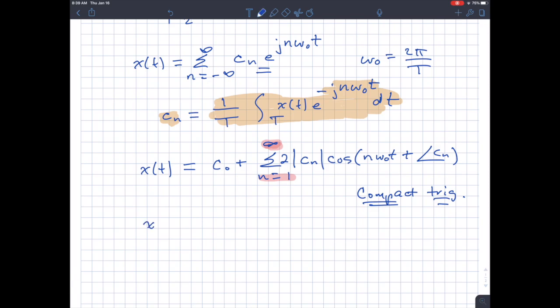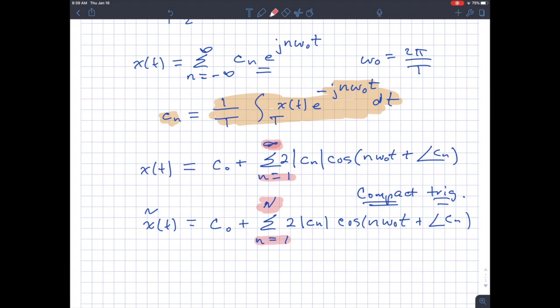So x of t as an approximation, I'll put a tilde over the top, would be C0 plus the sum from n equal 1 to cap N of 2 Cn cosine of n omega naught t plus the angle of Cn. So the difference here is we're going to stop at some value N, going from 1 to N.